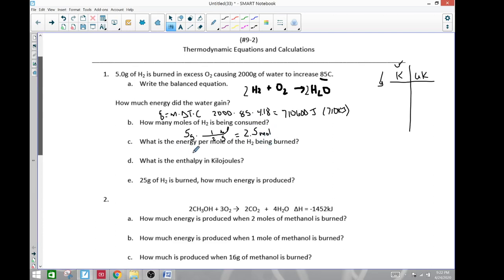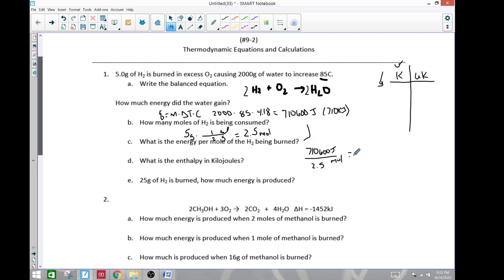How much energy is being absorbed per mole? So we want to take these two guys and divide them. So it's going to be 710,600. We'll do it in joules. Joules per mole, and this is 2.5 moles. So 2.5 moles of hydrogen is consumed, and we're getting out that much energy.